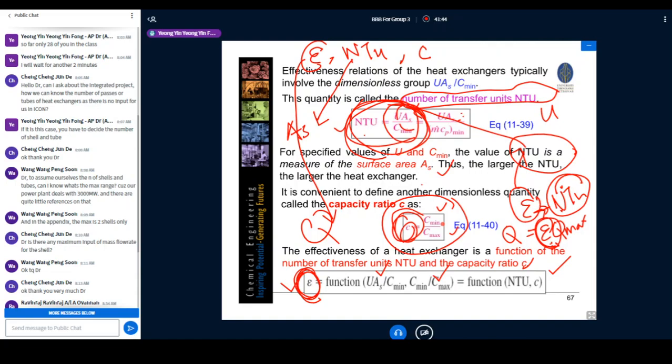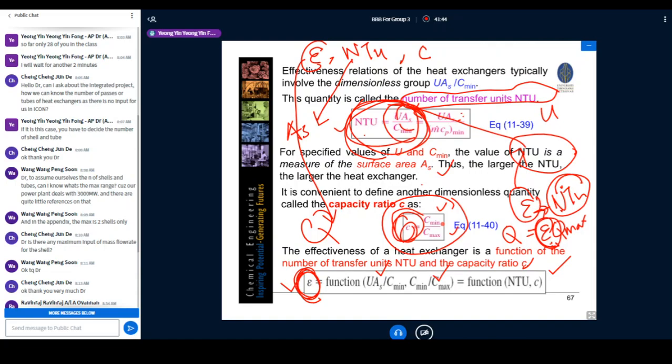And then eventually, if you don't want to use the equation, you can use the graph. Okay, similar to the way that you get the F value, but this one will be a bit different. Okay, so you need to know the C, this is the capacity ratio, isn't it?